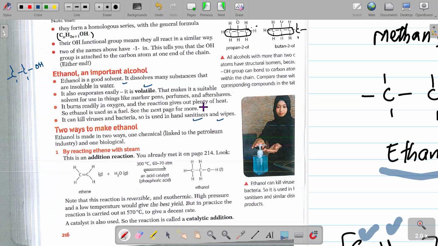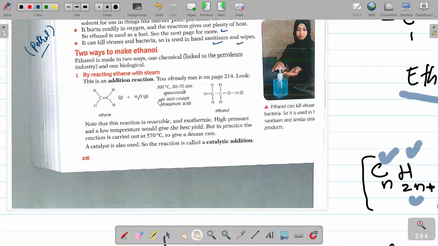It burns readily, so it is also a good replacement for petrol. So it is a fuel. Yes, we can use it as a fuel. Is it clear? Yes. Okay.